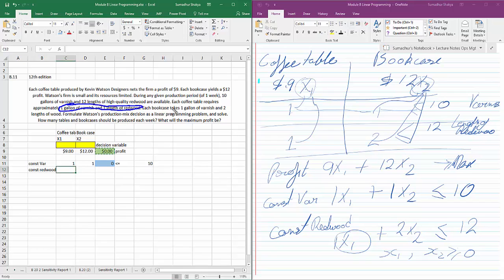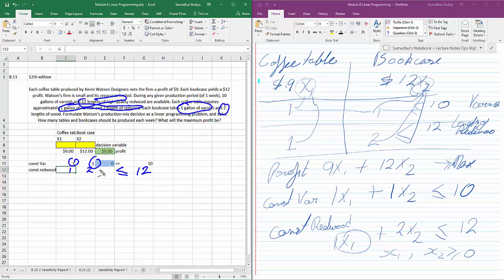This was for the coffee table, which we've already put in here. Now this is for 1 gallon of varnish and 2 lengths of redwood, so this would be 1 and 2. And this has to be less than or equal to the given total length for redwood, which is 12.